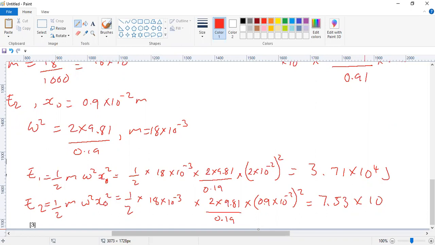Half times 18 exponent minus 3, times 2 times 9.81 over 0.19, times 0.9 exponent minus 2, squared.